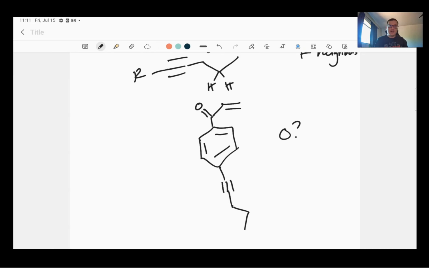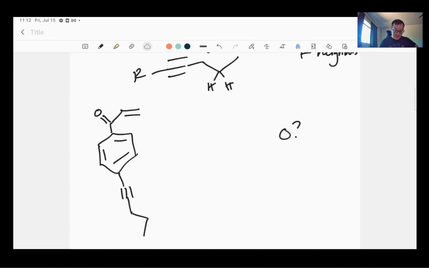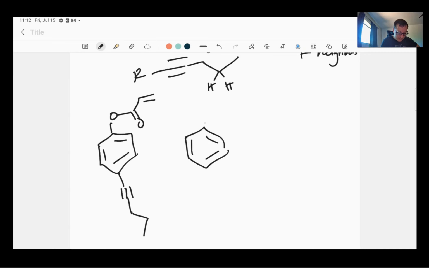Or it could be an ester, right? So we have a couple of places to try and put it. And we're going to see, with our options, what might make the best sense. So with this oxygen, we can maybe try putting it up here. We could maybe try putting it next to the alkene directly.